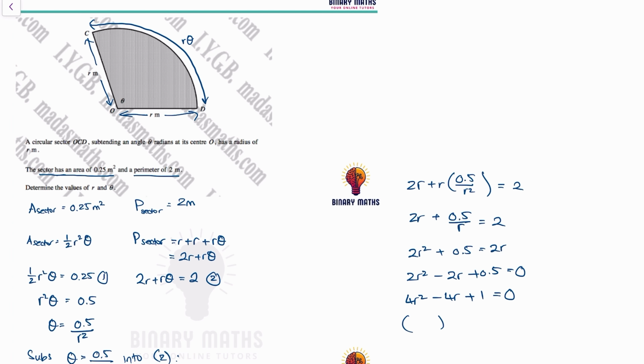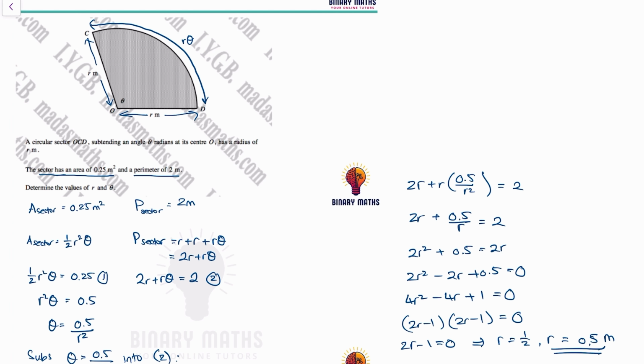That looks like it's going to simplify. So 2r and 2r. If I put minus 1 and minus 1, I get 4r squared minus 4r plus 1, which means 2r minus 1 is equal to 0, which implies r is equal to a half.